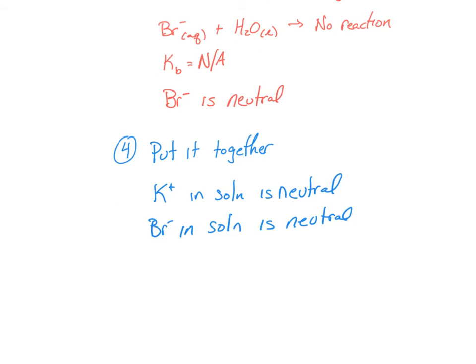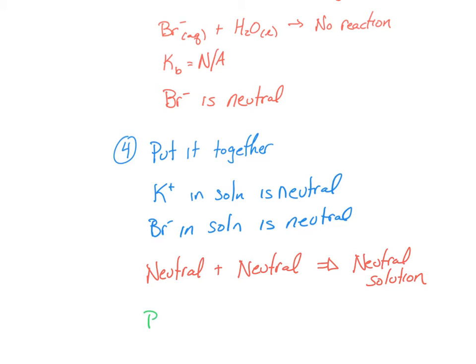So a neutral species plus a neutral species results in a neutral solution. So, what is the pH of this solution? Should be about 7. So we can say that the pH of a KBr solution is approximately 7.